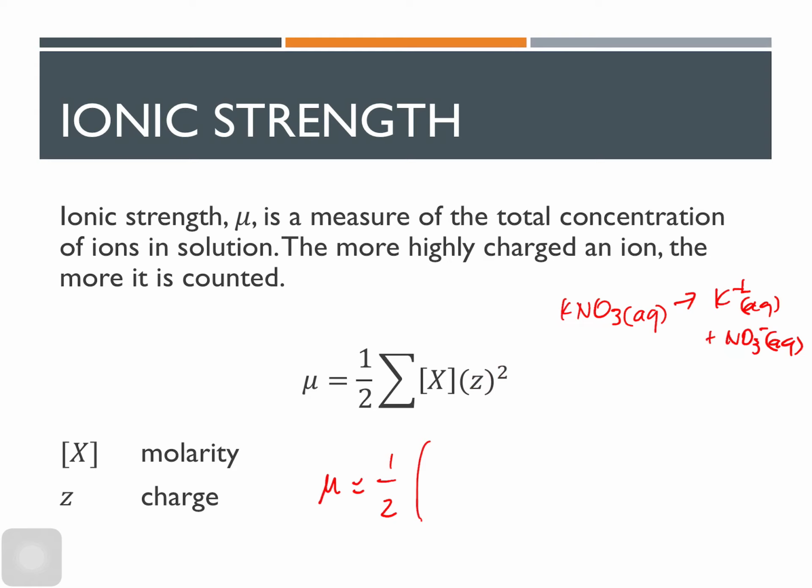That is the concentration of potassium ion times their charge. What is the charge of potassium ion? It's positive 1 squared, plus the concentration of nitrate ion times its charge squared.